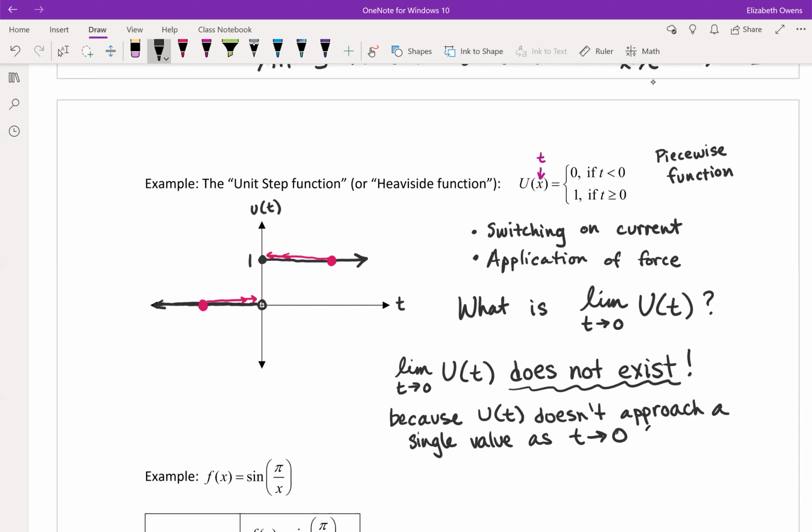It actually approaches 2 different values. We could make that little note here as well: 2 different values. If the y values don't match up from both sides, your limit does not exist. So there's our very first limit that does not exist. And we'll look at another interesting function in the next video.